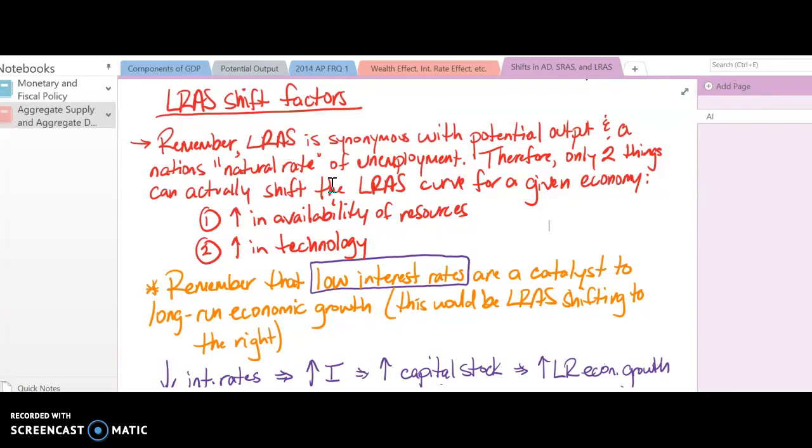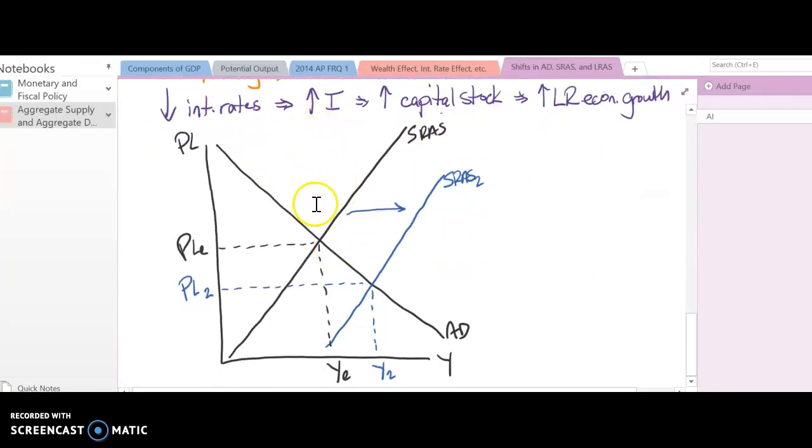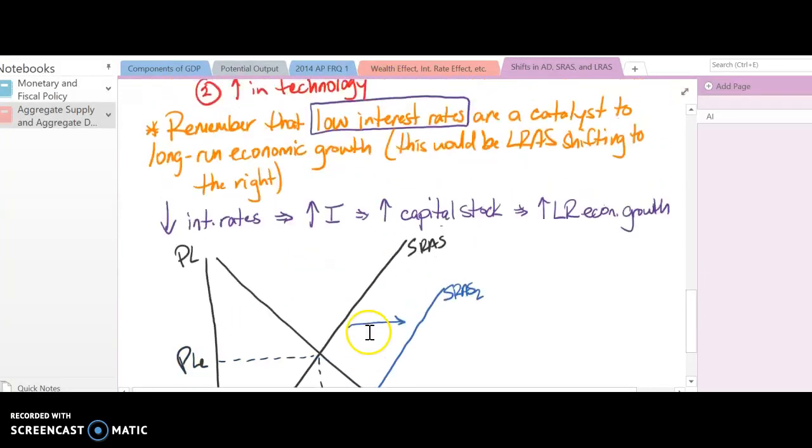There are really only two factors that could either increase or decrease the long run aggregate supply curve, or potential output, and we've already talked about these before. An increase in the availability of resources or increases in technology would shift the LRAS curve to the right. If our LRAS was here, we would just shift to the right and draw another one here.